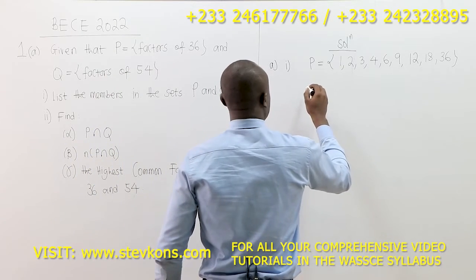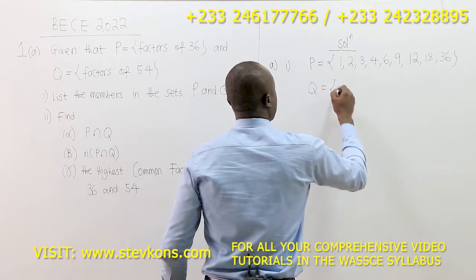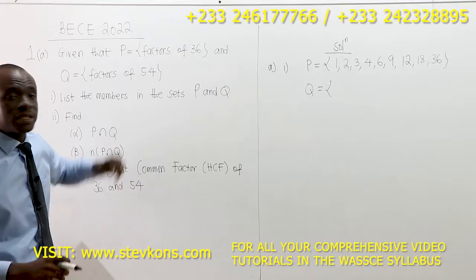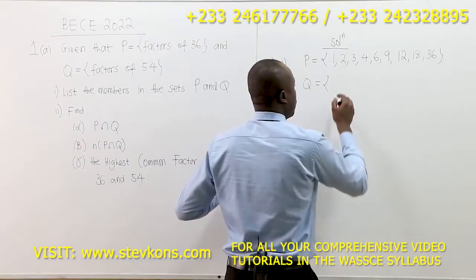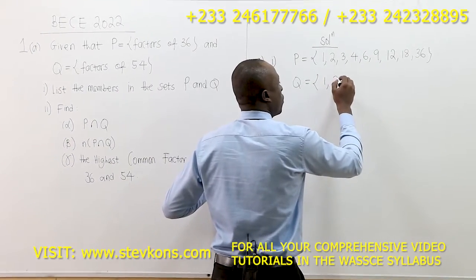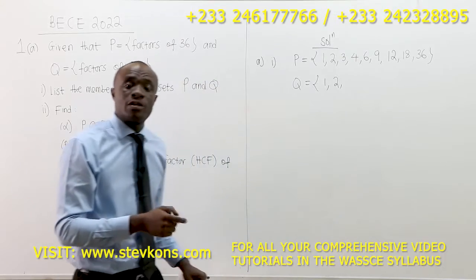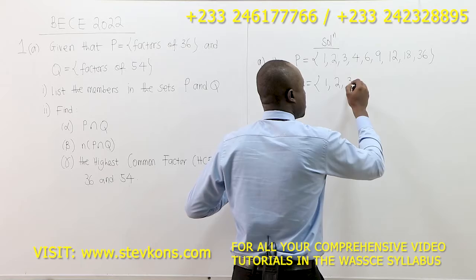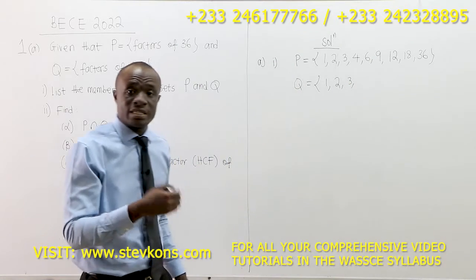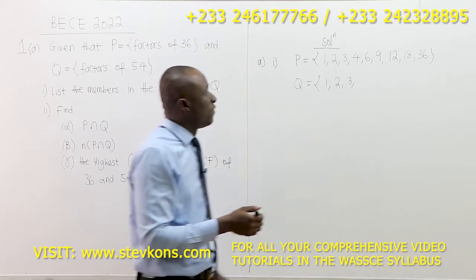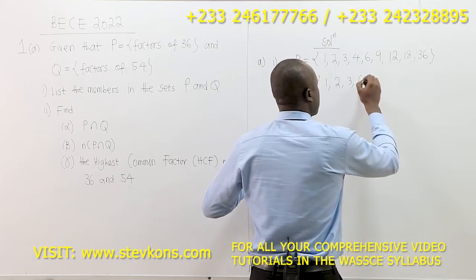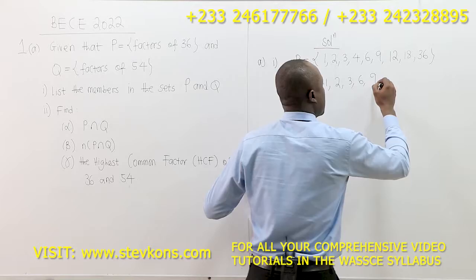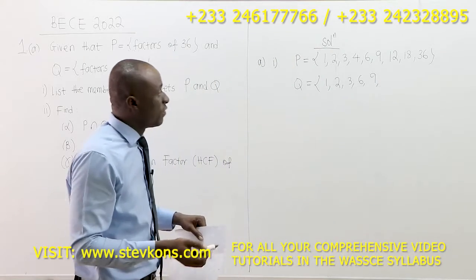Now, Q, that is factors of 54. What are the factors? 1 is a factor of 54. 2 is a factor of 54, that is 2 times 27 giving us 54. 3 is a factor of 54, that is 3 times 18 giving us 54. 6 is a factor of 54. 9 is a factor of 54.